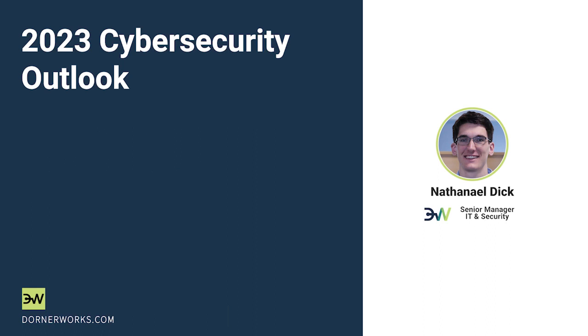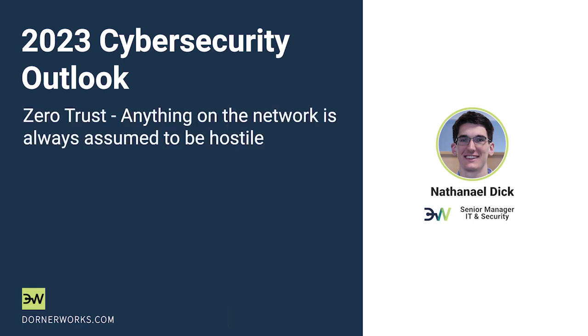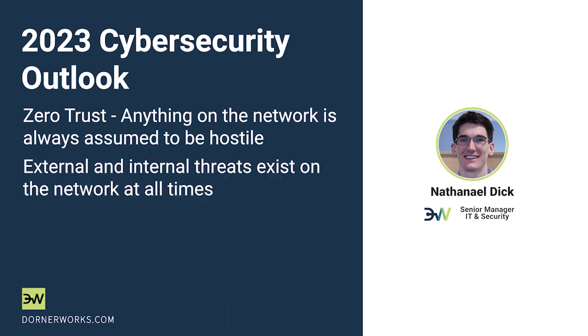Borrowing from O'Reilly.com software blog, which is a good blog out there, there's a few aspects that are in a zero trust network. One of them is the network. Anything on the network is always assumed to be hostile. External and internal threats exist on the network at all times.